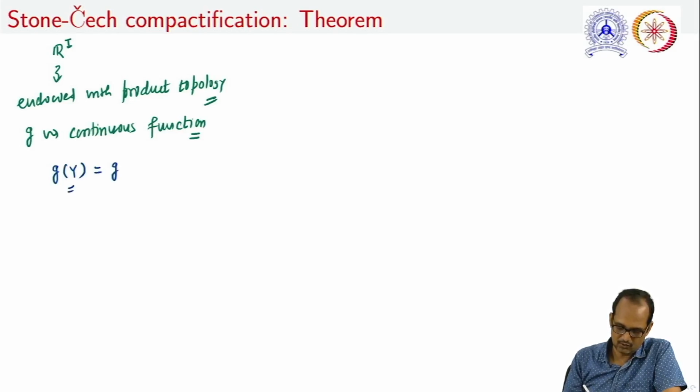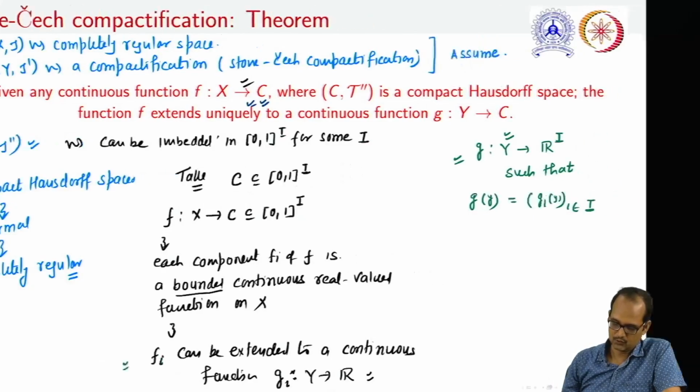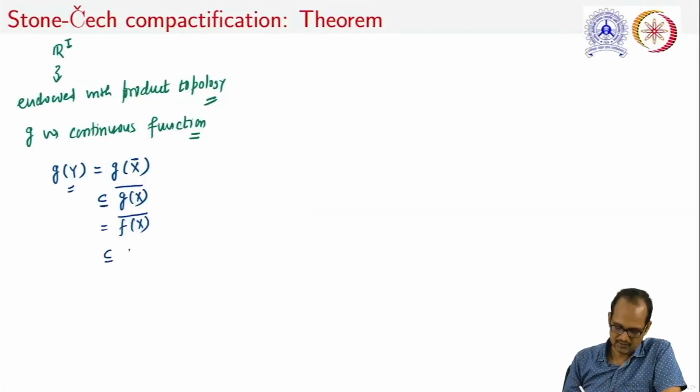Because Y is a compactification of the topological space X, tau, we can write that this is g of closure of X, and because of the continuity of g, this is contained in closure of g of X. But as g is an extension of f and on X both are the same, this is precisely closure of f of X. And f is a function from X to C, so this is precisely closure of C, and that will be nothing but C. So we can say that g is a function from Y to C, and it is to be noted that this is continuous.